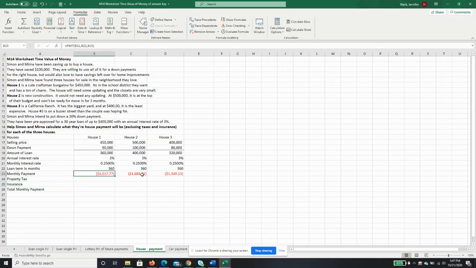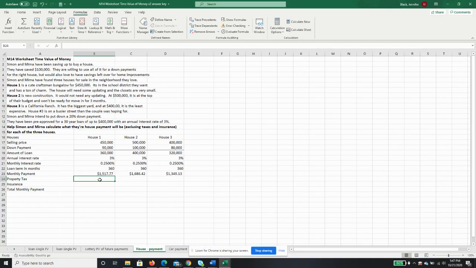All right, so we've calculated our payment of principal and interest, and just because these negative numbers irritate me, I'm just going to make them positive, even though we know they're a cash outflow. Okay, so first is the property tax. This is actually going to depend on where you live, and if there's any county or local taxes they've put on this.